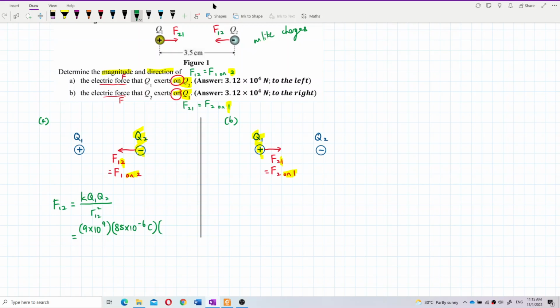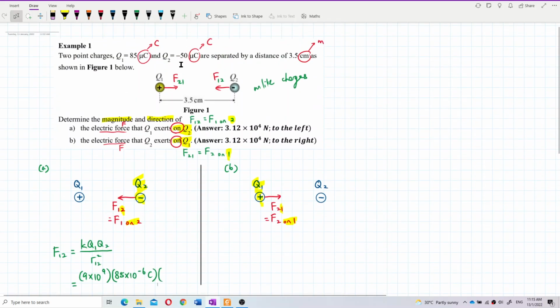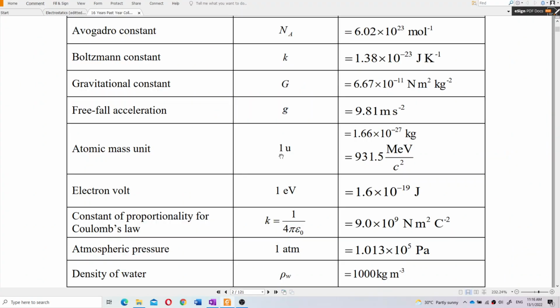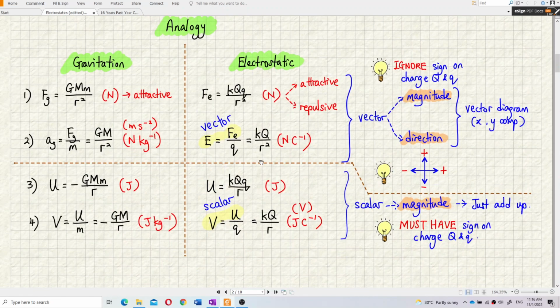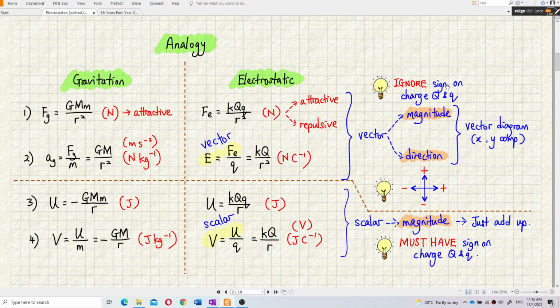And then Q2 is negative. Oh, you have a negative sign. Be careful. Still remember what I told you? Ignore the negative sign. When you calculate vector magnitudes like force and electric field, you ignore the sign of the charge.